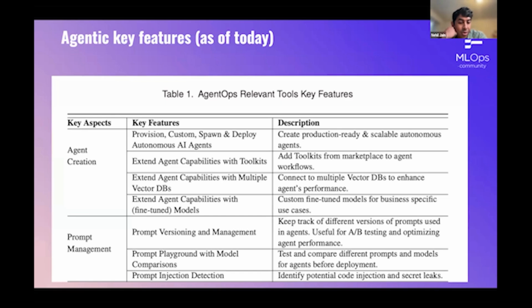So one thing is, of course, the creation of the agent, which means how do you give it the ability to perceive, like inputs, multimodal inputs, and so on and so forth. The second thing is how do you give it the ability to do actions, which is toolkits. And of course, you're extending what the foundational model itself can do with external systems by giving it toolkits.